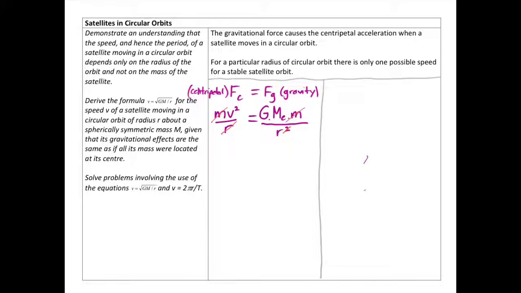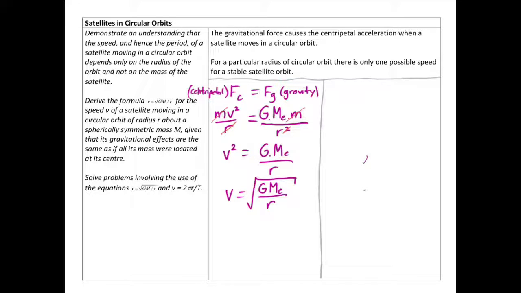That leaves us with the velocity squared equals G times the mass of the Earth divided by r. So if we want to get velocity on its own, it's equal to the square root of that. So really what I've just done there is derive that formula for a satellite moving in circular orbit due to gravity.